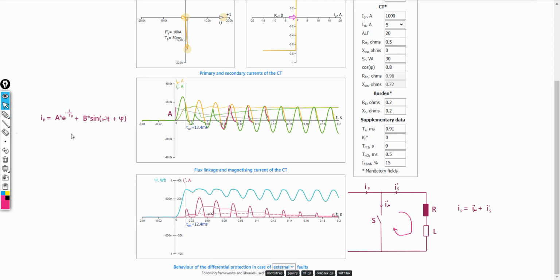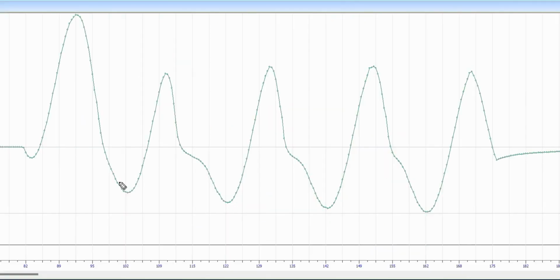Now we can look at a real oscillogram of a saturated current waveform recorded by a protection device. Here we can see also segments with exact transformation, as well as segments where the current transformer is saturated, followed again by a segment with exact transformation.